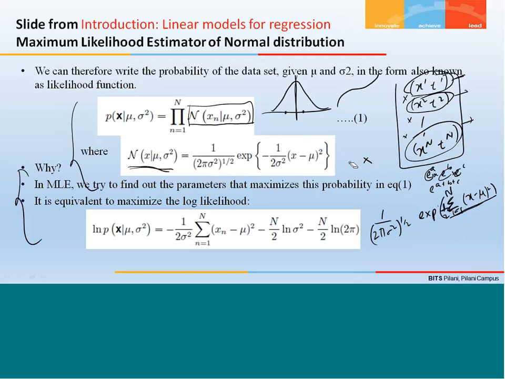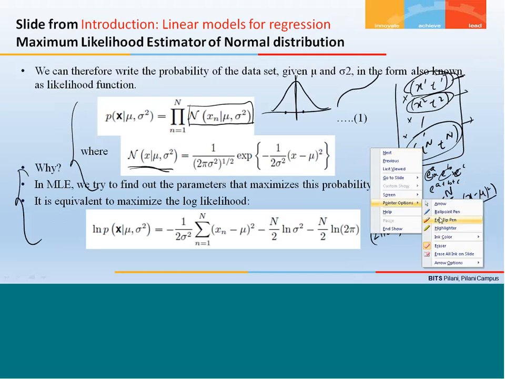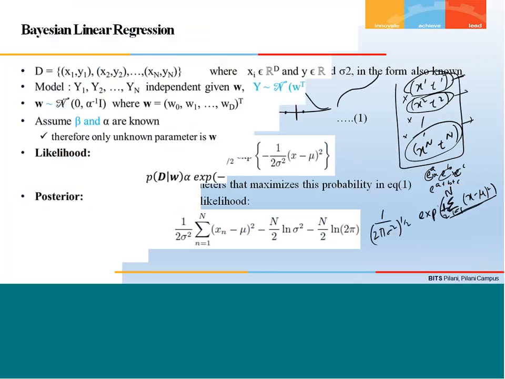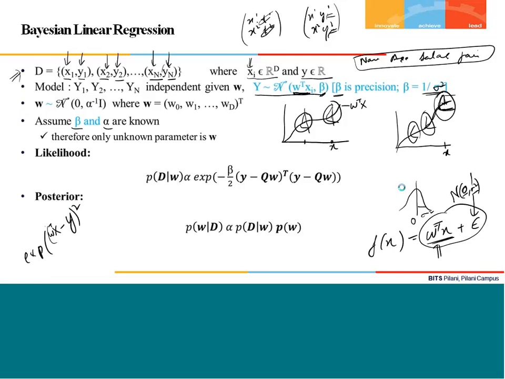You can see that this is the form of an exponential: the value of x minus the mean, whole squared. When you multiply it, you will get this value.